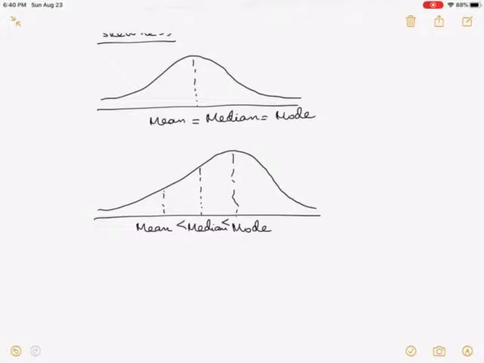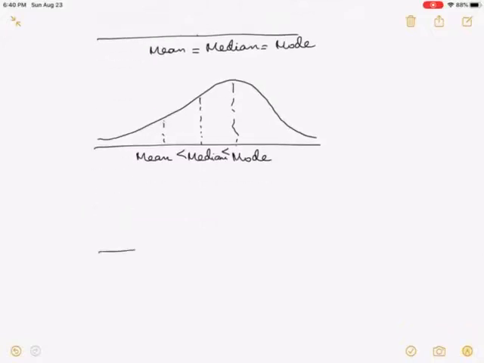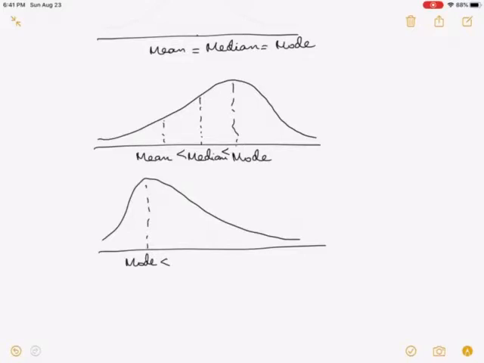And the opposite: if it is right skewed, then the mode will be less than the median, and the median will be less than the mean. Okay, so that is section 3.1.